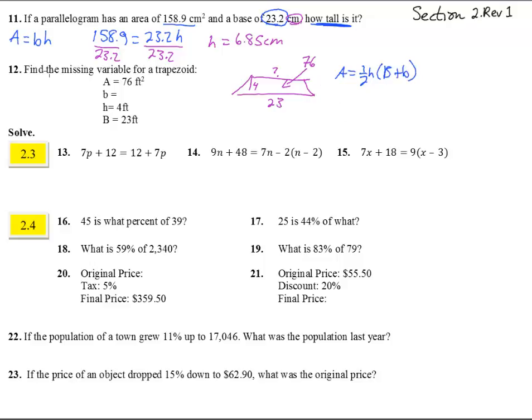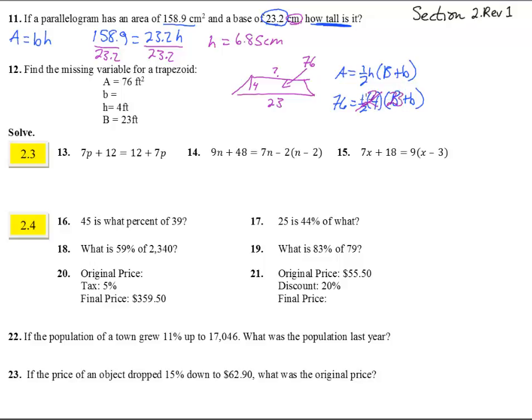Let's put everything in there. 76 equals 1/2 times the height, which is 4, times big B plus little b. 1/2 times 4 is really just a 2, so I'm going to divide both sides by 2. Oh, the big B, we forgot to put that in.